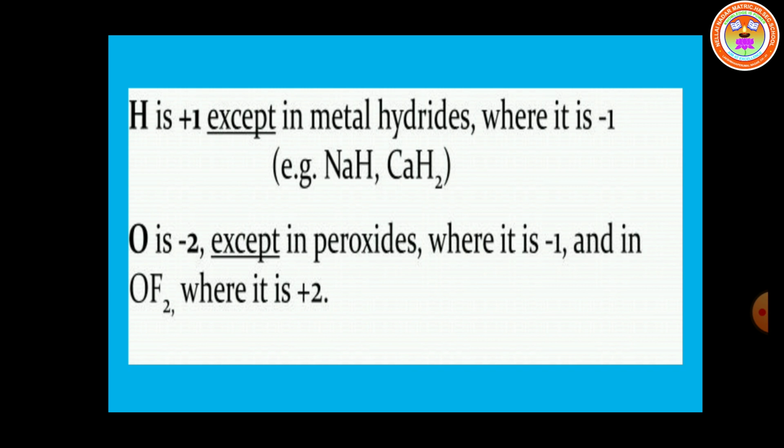And in oxygen difluoride, the oxidation number of oxygen is +2. So except peroxides and oxygen difluoride, the oxidation number of oxygen is -2. So these are some common rules we follow for assigning oxidation numbers.